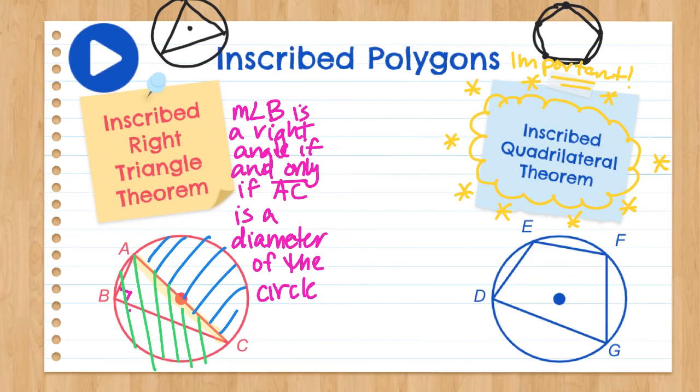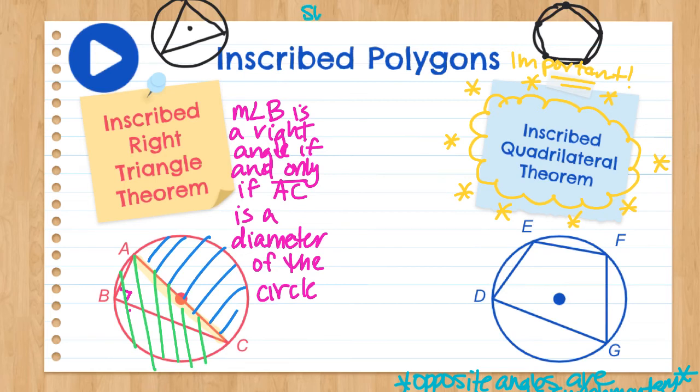So a quadrilateral can be inscribed in a circle if and only if the opposite angles are supplementary. And that's the part that students get confused about. Opposite angles are supplementary, which means that they add up to 180 degrees.